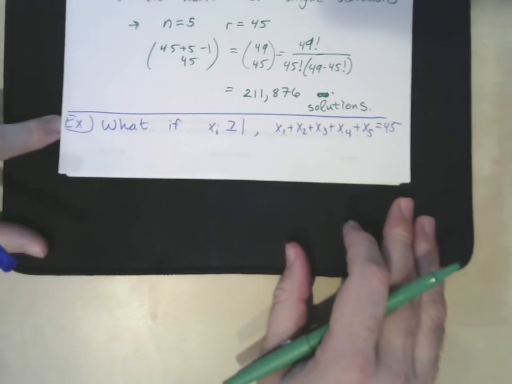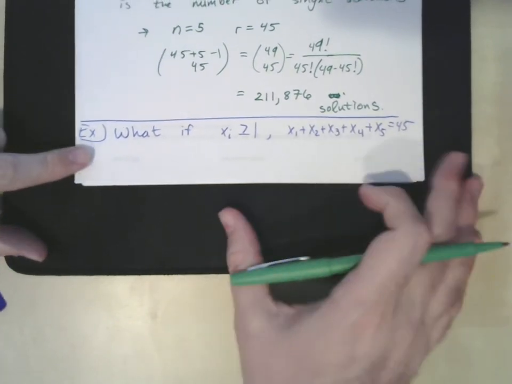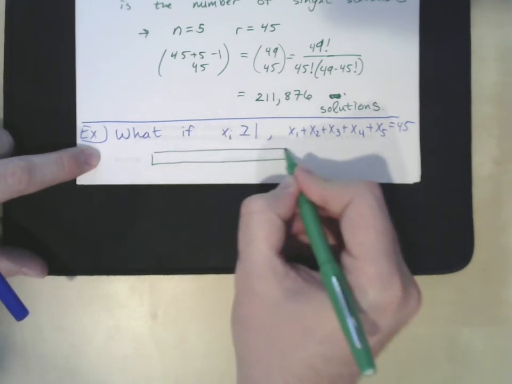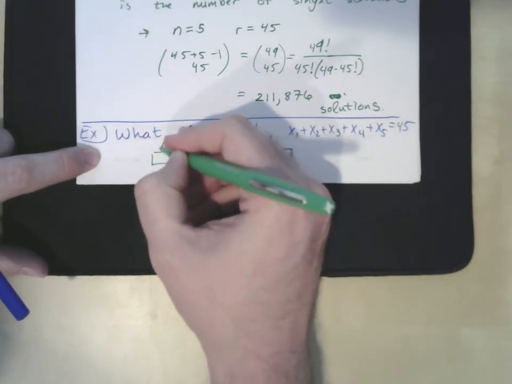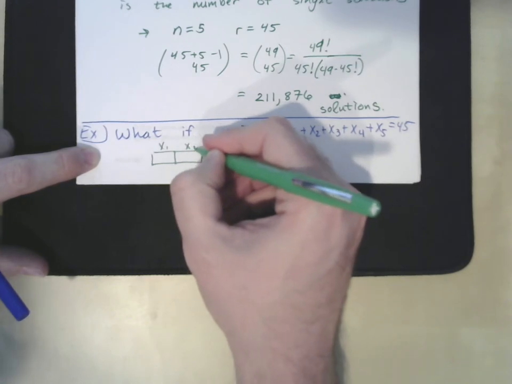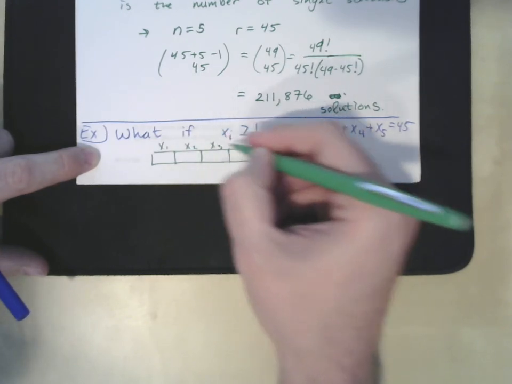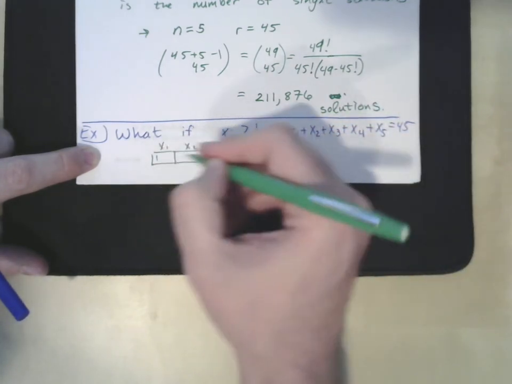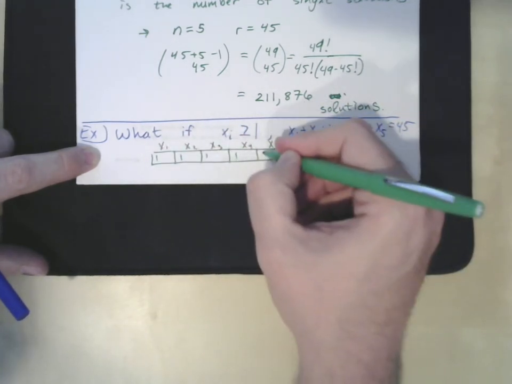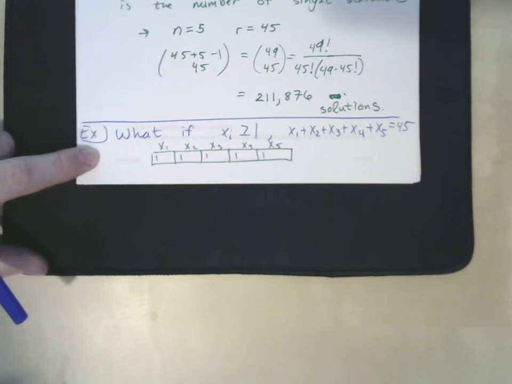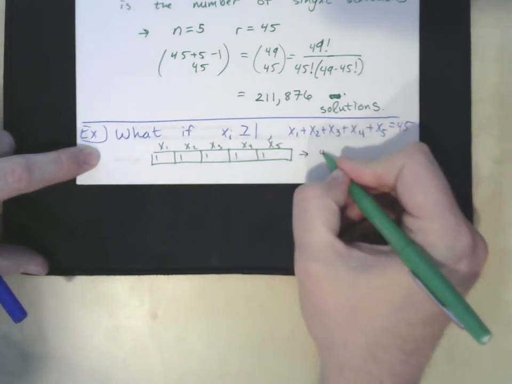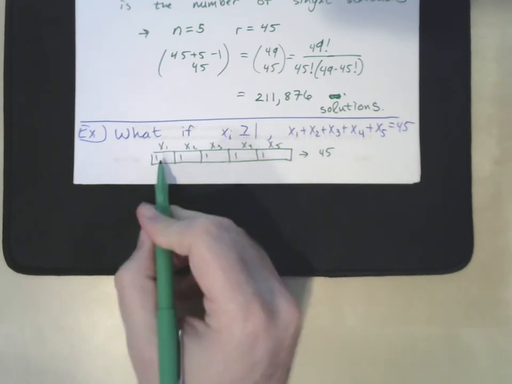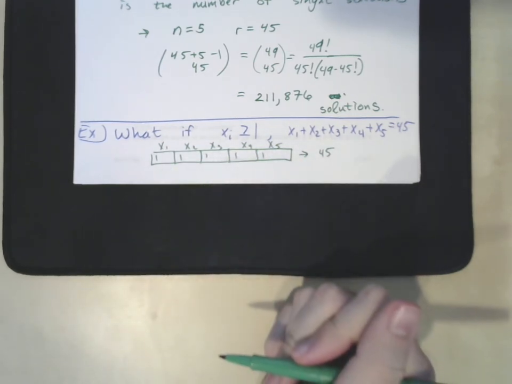There are still 5 variables to fill up. So you can think of each of these as a little bucket, like I've been saying. We have x1, x2, x3, x4, and x5. And now we have 1 tally mark in each of these to start. And all together, this has to get up to 45 total tally marks. So we have 1 in each of our categories to begin with.